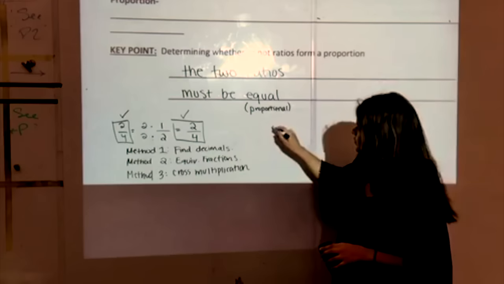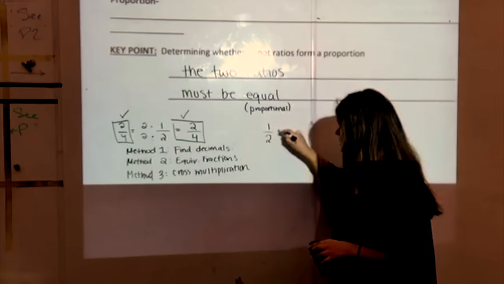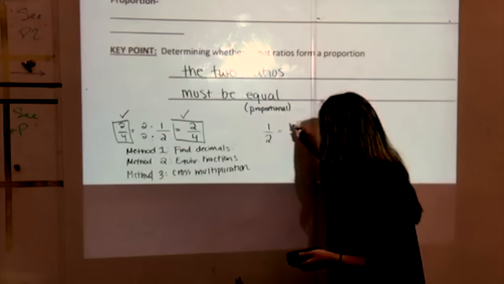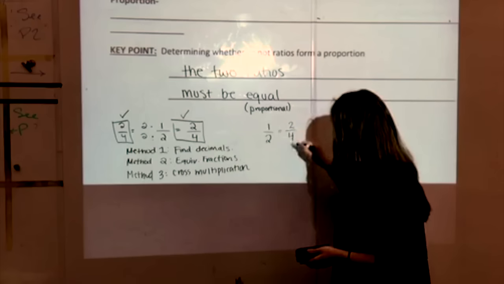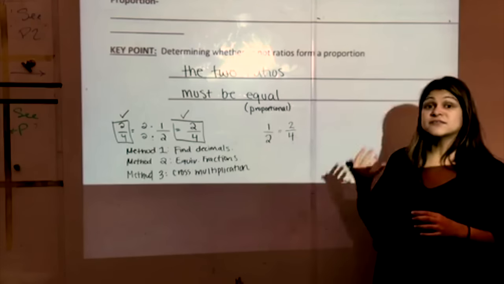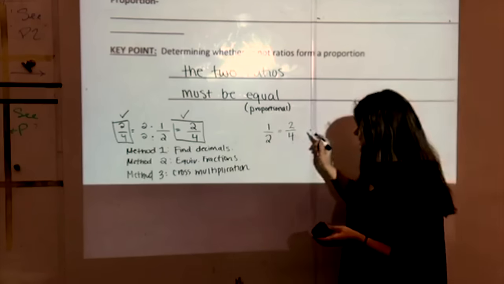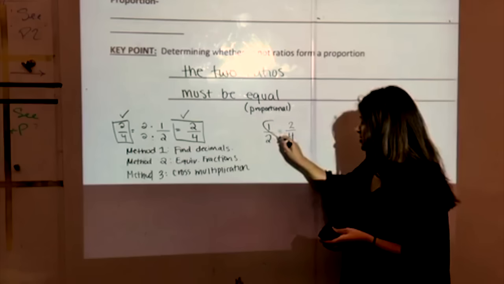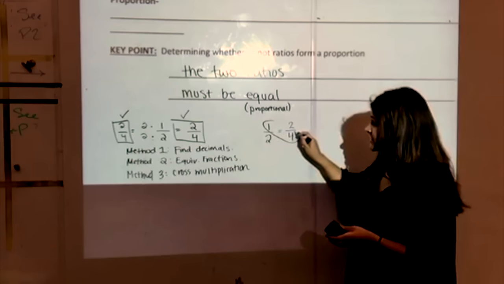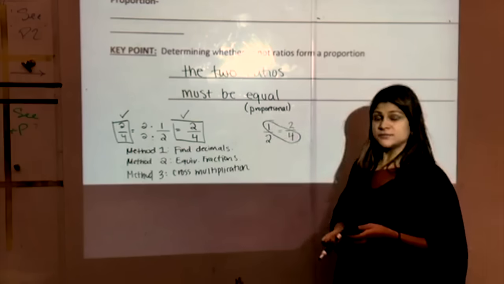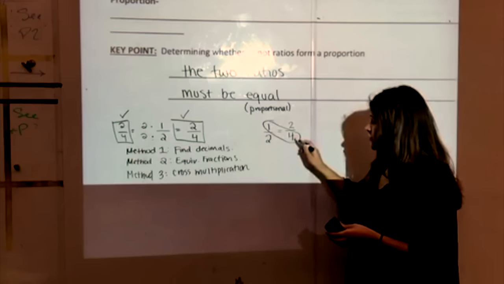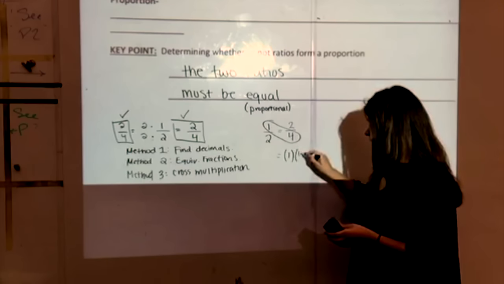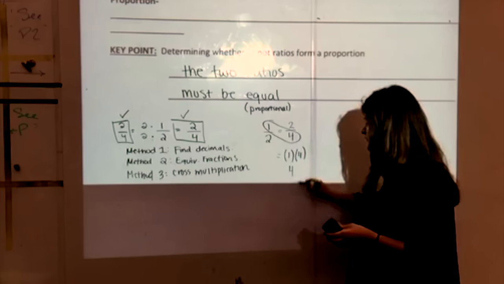What that's saying is when you have two fractions that equal each other, or a proportion, you can cross multiply them, meaning take the numerator of the first fraction and multiply it with the denominator of the second fraction. 1 times 4, let me show you, gives us 4.